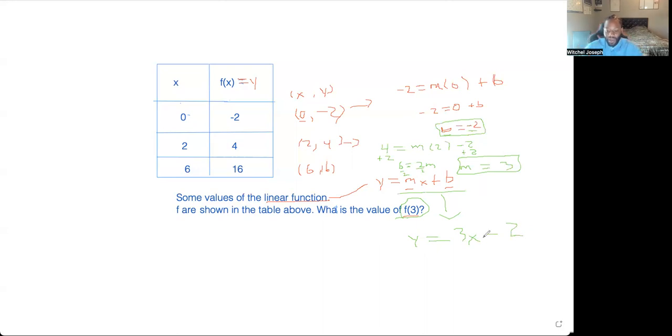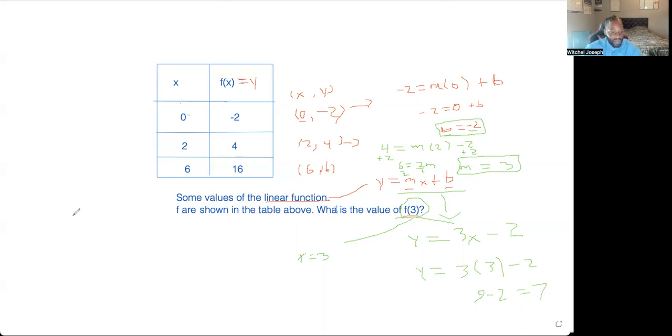So now we can plug in 3 for x because this means x is going to be equal to 3. That's what we do. We plug in 3 for x. So now we have y is equal to 3 times 3 minus 2. 3 times 3 is 9, minus 2 is 7.